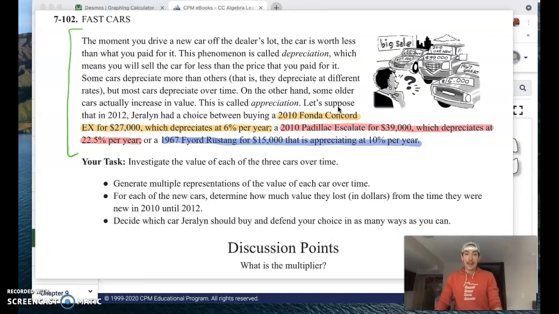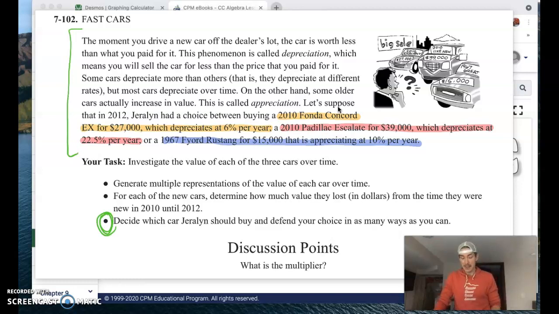And for each of the new cars, and that's the 2010 cars, we're going to consider how much they lost in dollars, how much their value went down from the time they were new in 2010 until 2012. And then we're going to try to tackle this question. We're going to try to give Geraldine some advice on which car she might buy and maybe be able to give her an answer to the why we think that way.